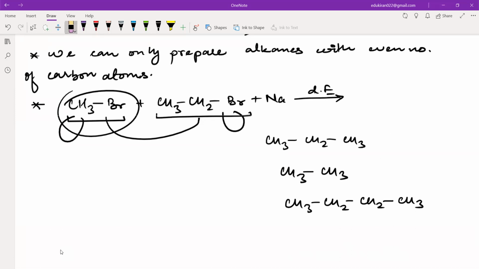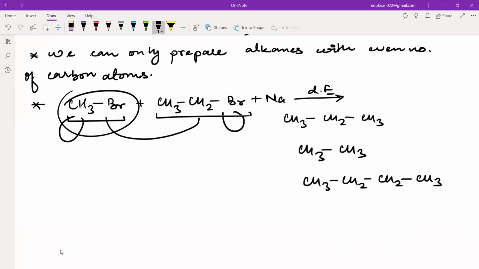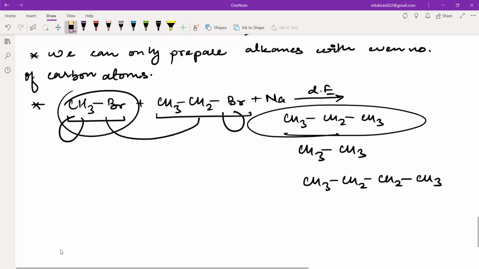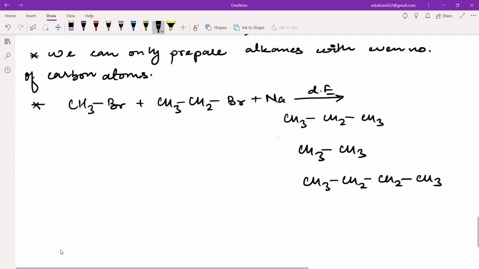So if I take a mixture of haloalkanes, I was trying to produce this. My aim was to produce this, but we saw that there can be self reactions also, leading to the formation of other products, that is these two products.